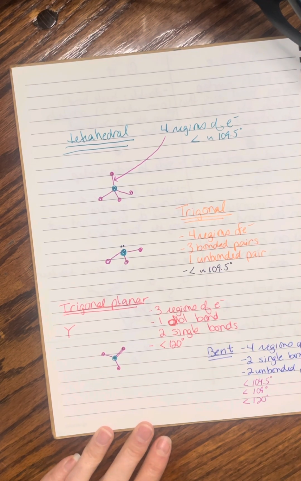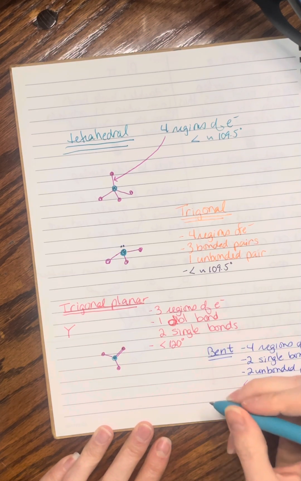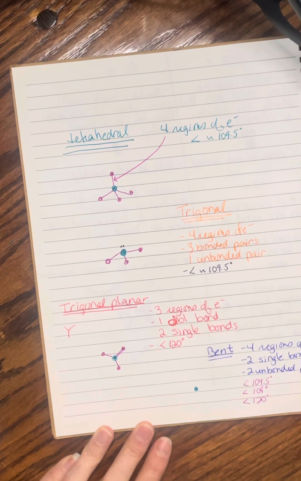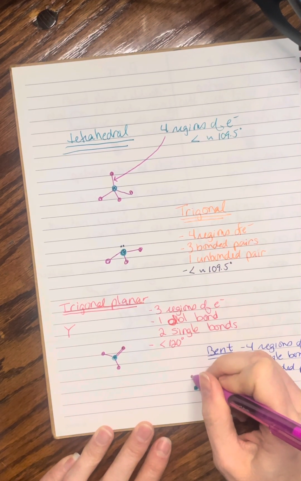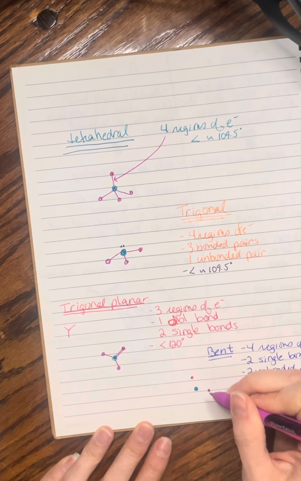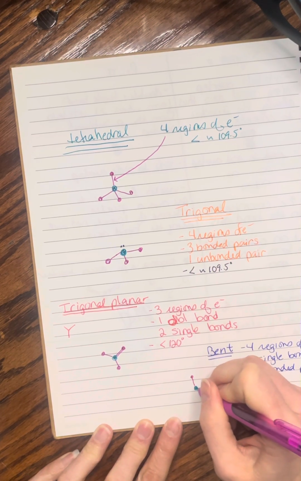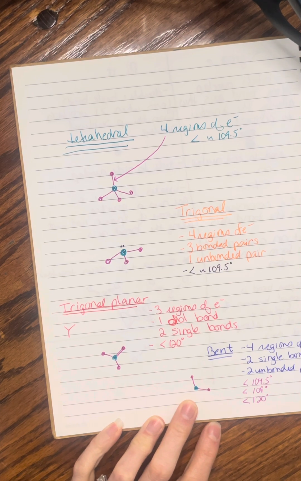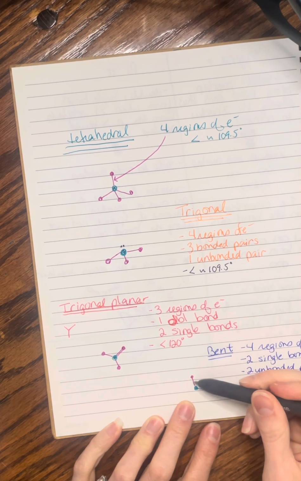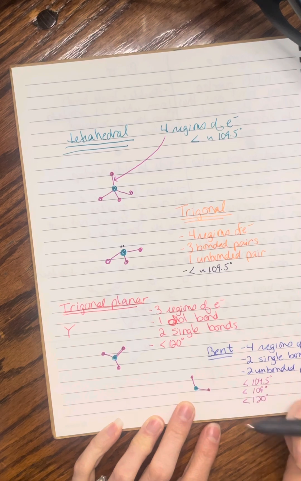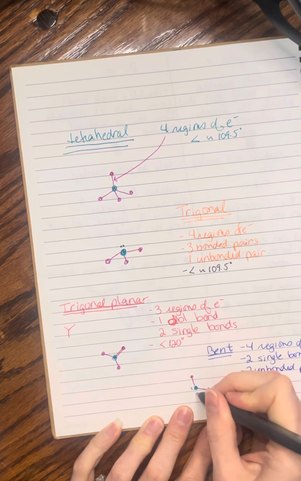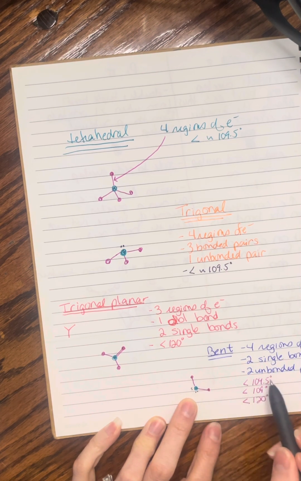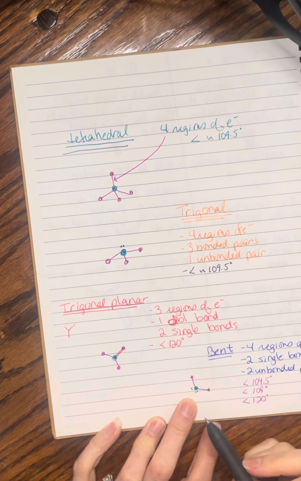But anyway, so this one will look like this. You've got your central atom, and then you've got your 4 regions of electrons. You've got one here along this bonded axis, one there along that bonded axis, and then you've got these 2 unpaired, right? 2 single bonds and then 2 unbonded pairs, okay?